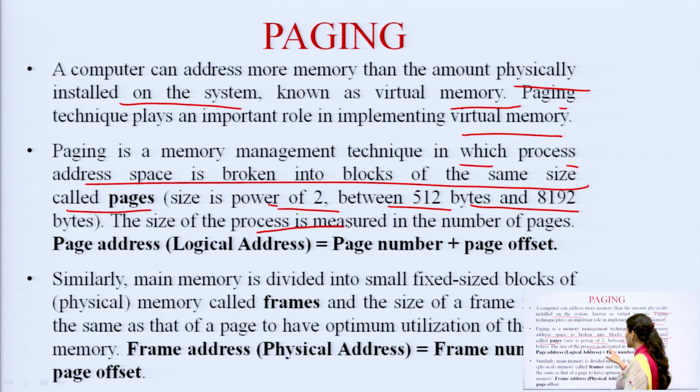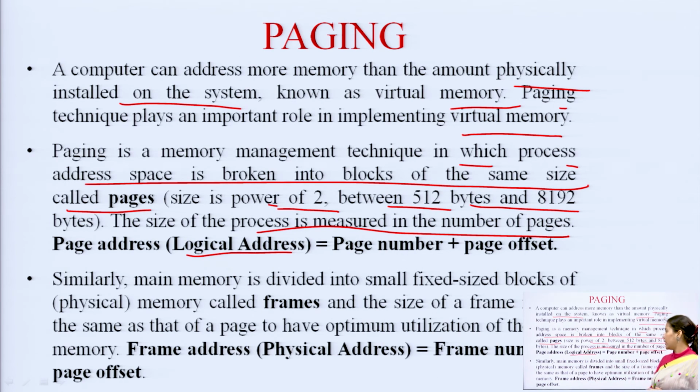The size of the process is measured in the number of pages. The logical address is given by the page number plus the page offset.